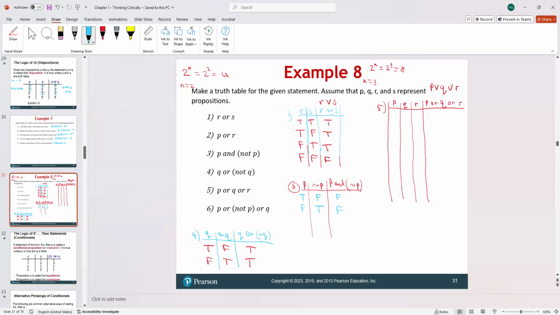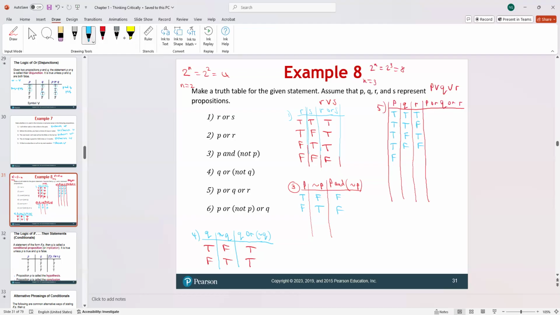So first of all, all three propositions can be true. Or maybe the first one is true, the second one is true, but the last one is false. That's possible too. Or the first one is true, the second one is false, and the last one is true. Or maybe only the first one is true, the other two are false. Or the first one can be false, and the other two are true.